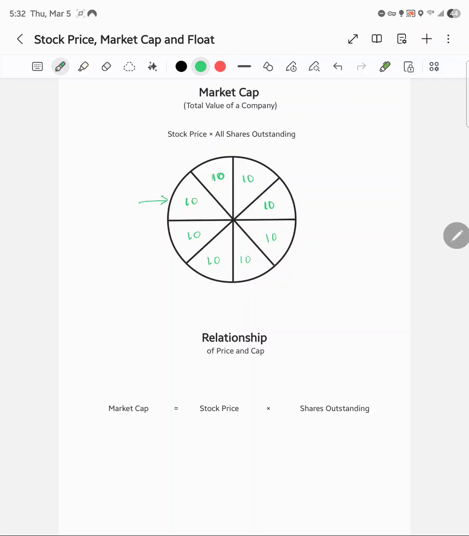Outstanding means everything included. And by the way, when we are talking about the shares, we are talking about the common stock. Not the preferred stock.